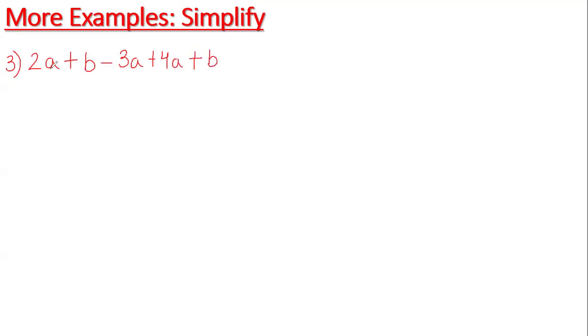So we have 2a plus b minus 3a plus 4a plus b. That's what we have for this one.